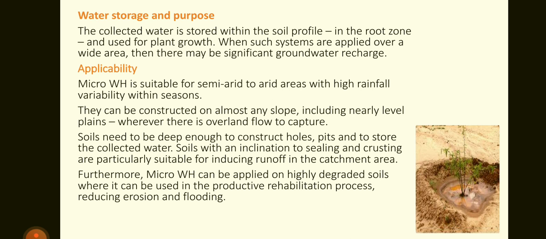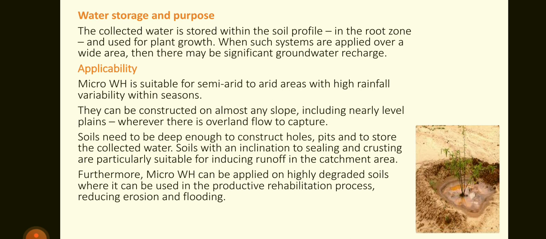Regarding applicability, micro water harvesting is suitable for semi-arid and arid areas with a high rainfall variability within the season. They can be constructed on almost any slope, including nearly level plains, wherever there is overland flow to capture. Soil needs to be deep enough to construct the holes and pits, and to store the collected water.